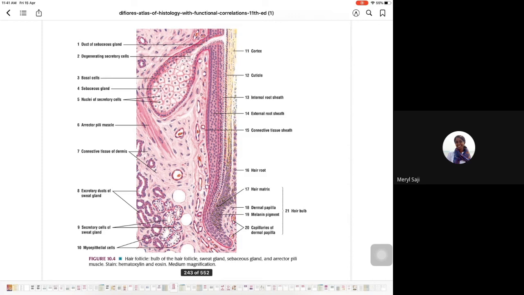Erector pili muscle, connective tissue of dermis, excretory ducts of sweat gland, secretory cells of sweat gland, myoepithelial cells, cortex, cuticle, internal root sheath, external root sheath, connective tissue sheath, hair root, hair matrix, dermal papilla, melanin pigment, capillaries of dermal papilla comprising the hair bulb.